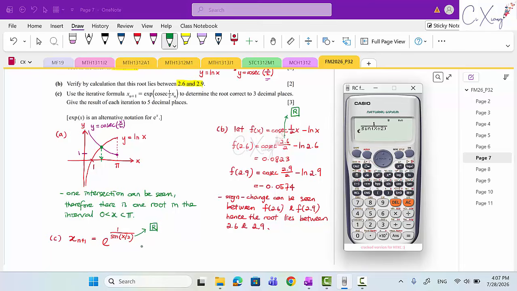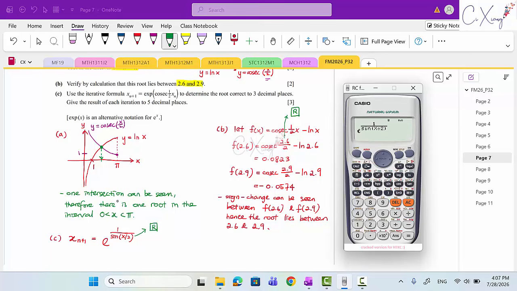Usually when we carry out the iteration process, we need an initial value, that means the first value to start with. I suggest you use any value between 2.6 and 2.9, because we know that our root is close to these two numbers. Either 2.6 also can, 2.9 also can, or the center value also can.